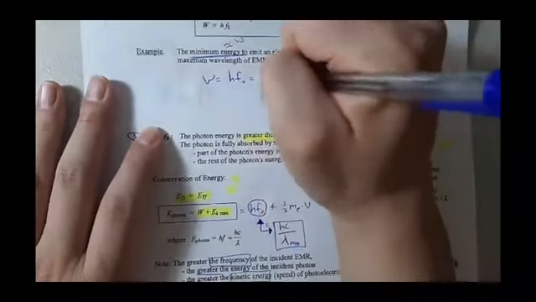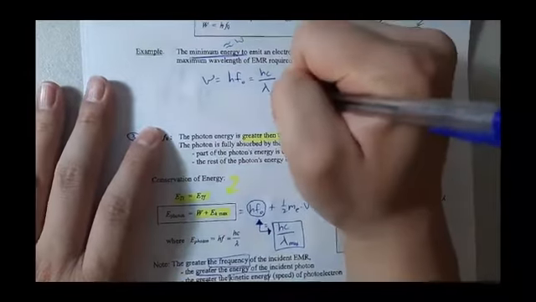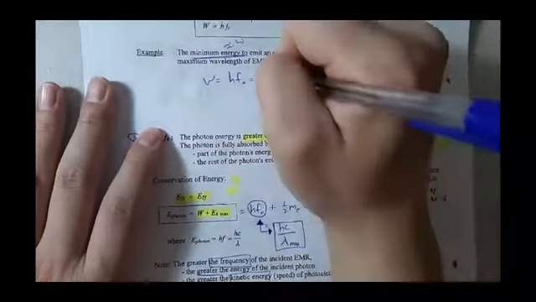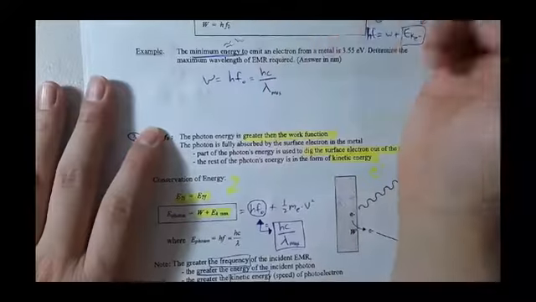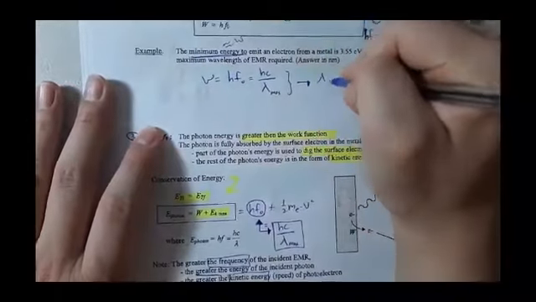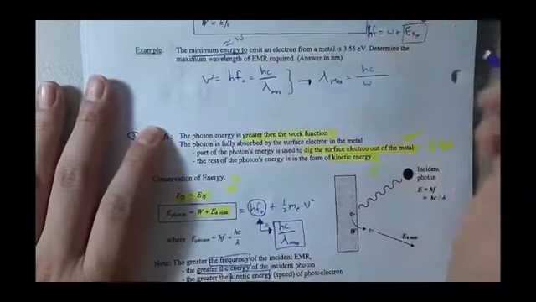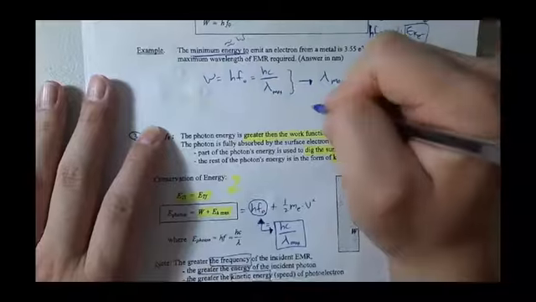Now, if you think of it as a flip-flop situation, minimum frequency means it's a maximum wavelength. So I can use this W and hc over lambda over here. And if I modify this formula in terms of wavelength, it's hc over W.